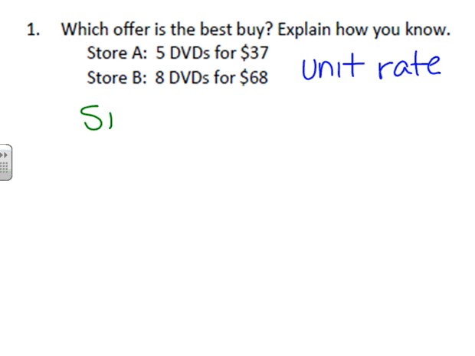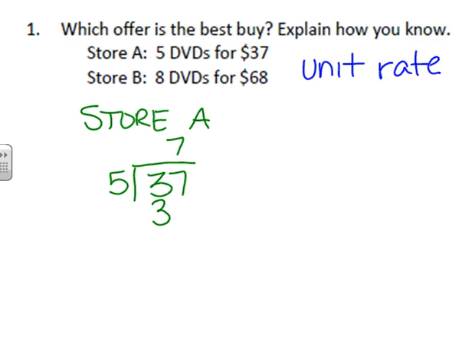So for Store A, I can calculate the unit rate by dividing $37 divided by the 5 DVDs. And when we divide that out, 5 goes into 37 7 times.